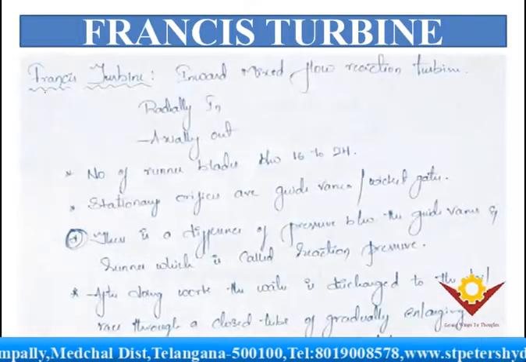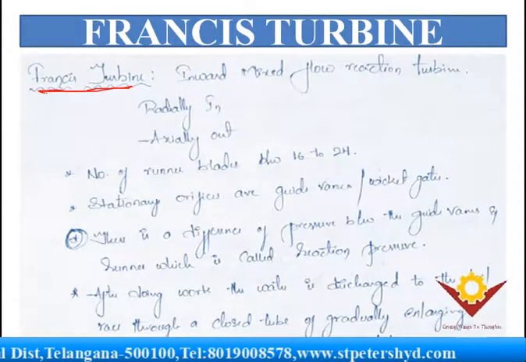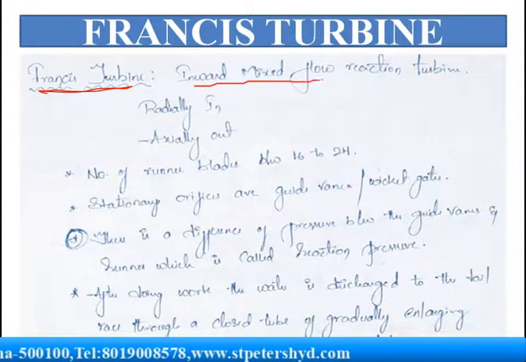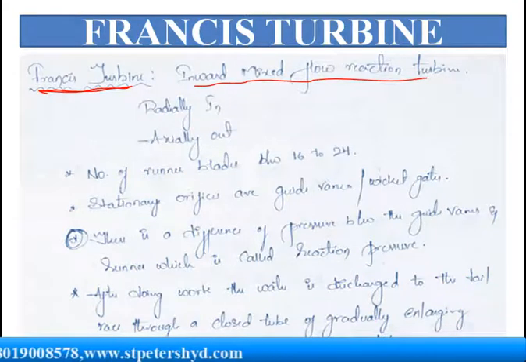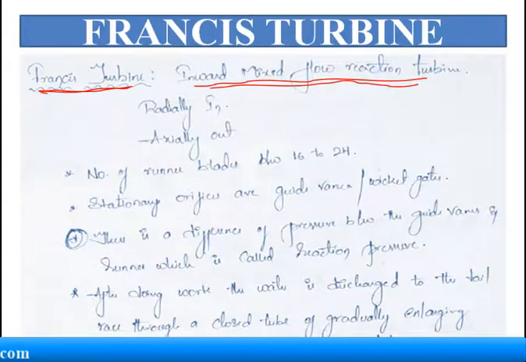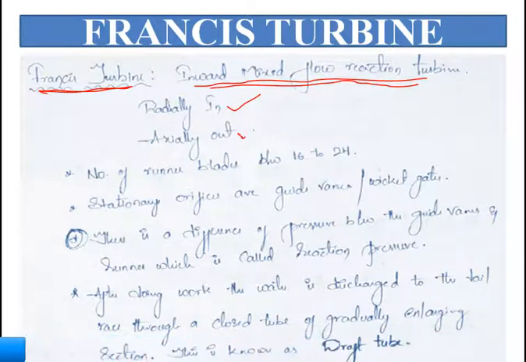And now we'll see a few points about the Francis turbine. It is an inward mixed flow reaction turbine. We call the modern Francis turbine an inward mixed flow reaction turbine. And here the flow is radially in, axially out. It will have 16 to 24 runner blades. And the stationary orifice or guide vanes we can also call wicket gates.